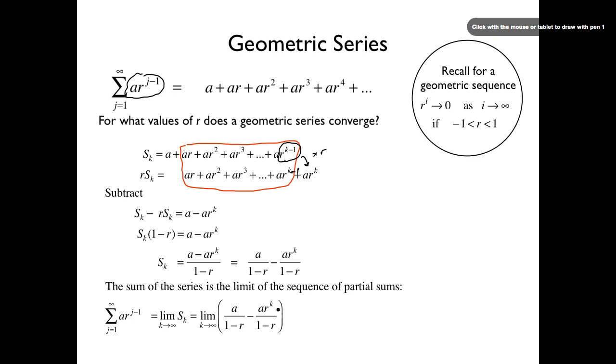So what happens? If we have a convergent geometric sequence, if r is between -1 and 1, this goes away as k gets large, and we're left with a over 1 minus r, which is the limit, which is the sum of the series.